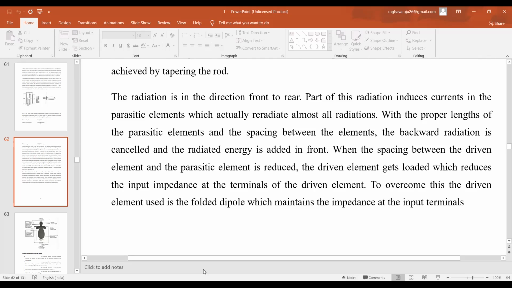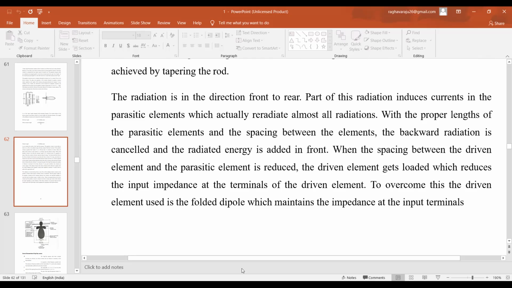When the spacing between the driven element and the parasitic elements is reduced, the driven element gets loaded, which reduces the input impedance at the terminal of the particular driven element.